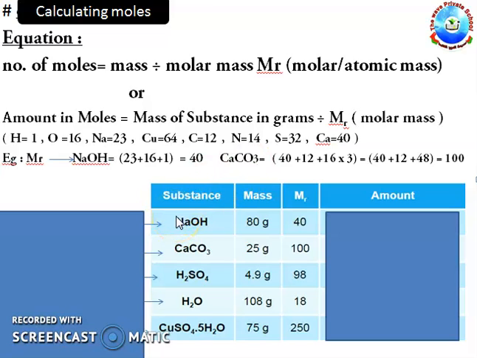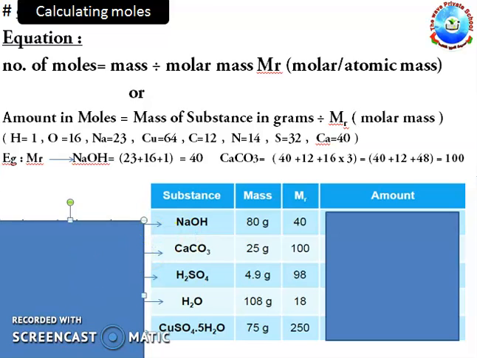Before I start, I want you all to tell me the names of the substances. We have done this in a previous chapter. What is NaOH named as? Come on, tell me.